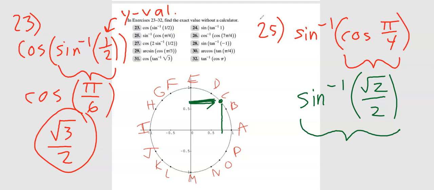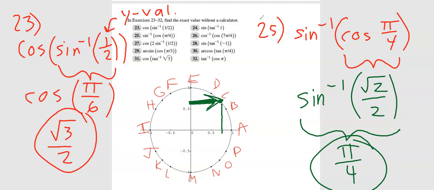It is at the location pi over 4. They basically handed you the answer, didn't they? Now, the only reason they handed you the answer was because the angle measurement was in the range of the inverse sine function already.